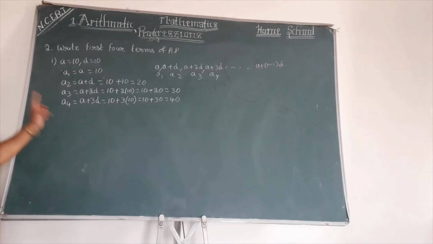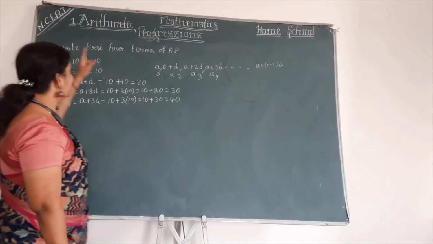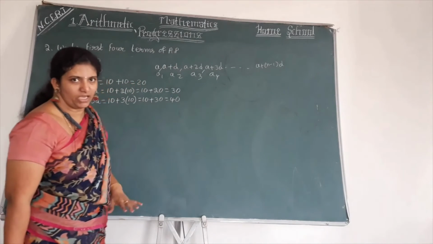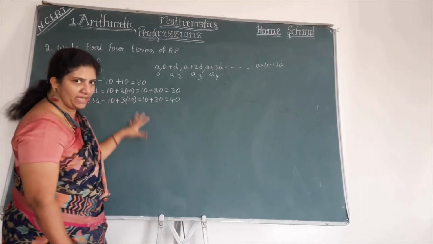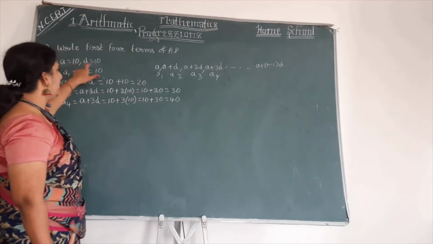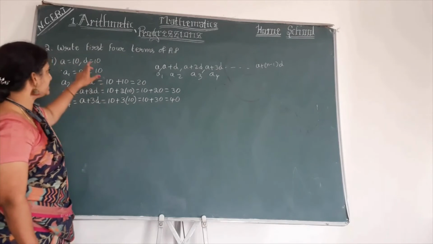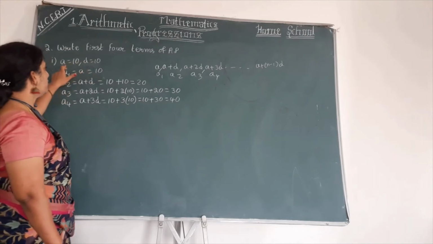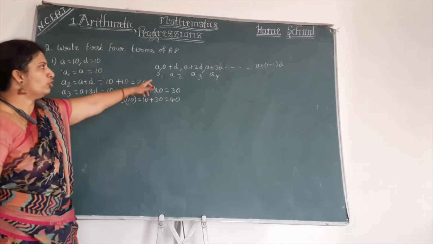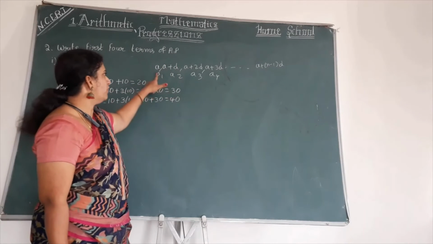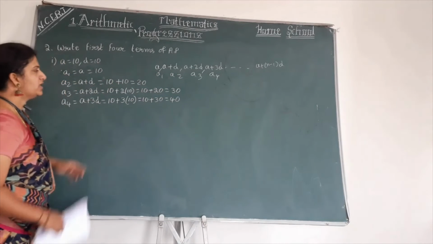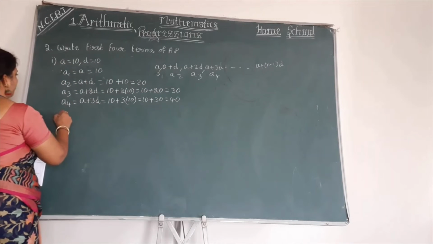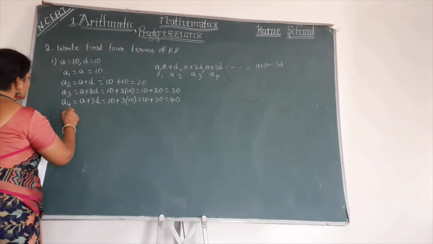Therefore, look over here children. Your question says write the first 4 terms of the AP. Already they have said it will be in AP; the first term and common difference are given. D is the common difference. So by using A and D, you know the general form, and by this general form you have to write these 4 terms. Therefore, what are the first 4 terms?